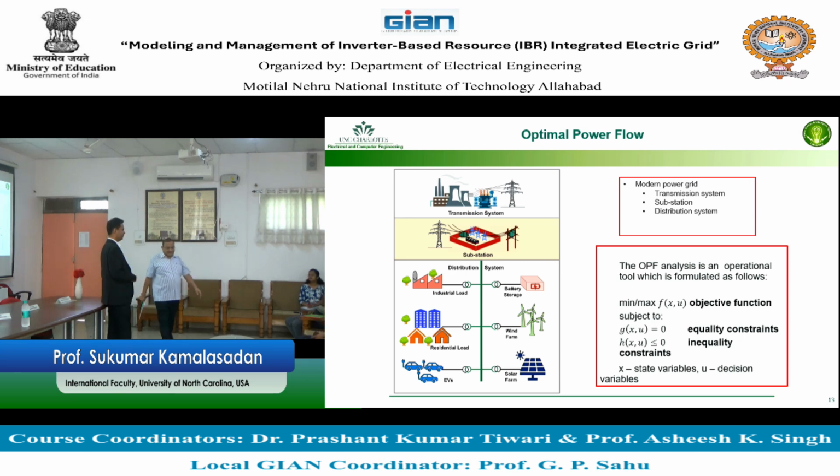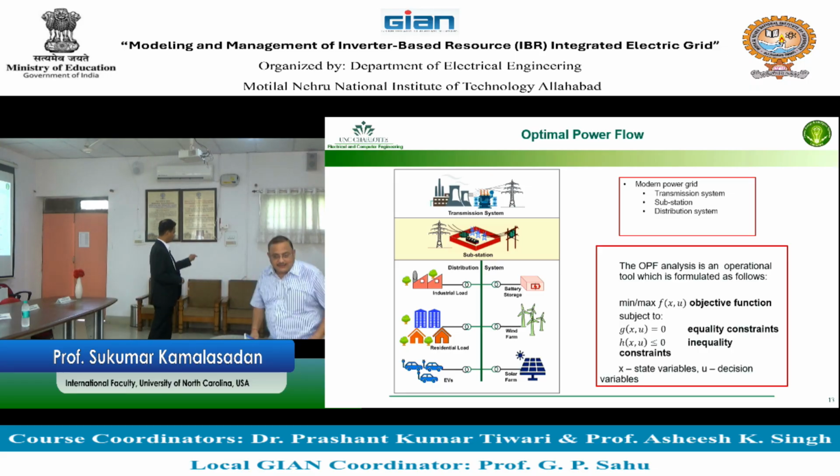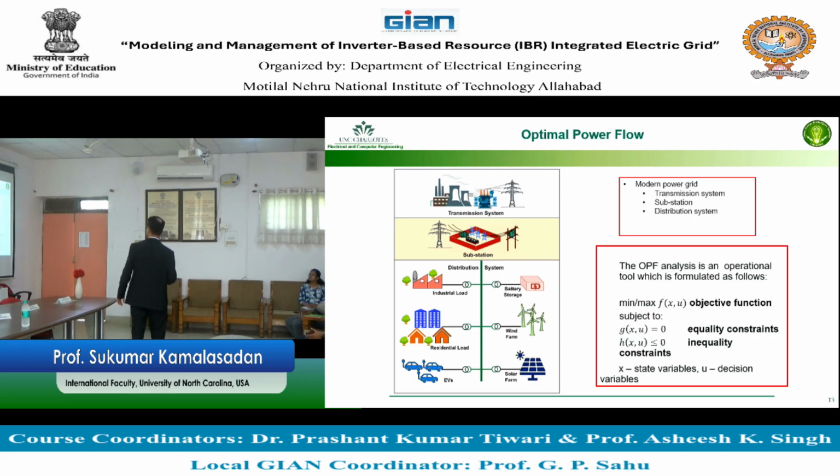That is generally what we call U. In the optimization world, this U is generally called the decision variable. Making a decision, same thing, but called a decision variable. So it depends on the decision variable U, and it also depends on X.